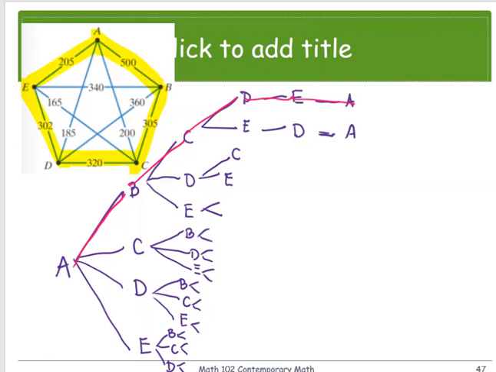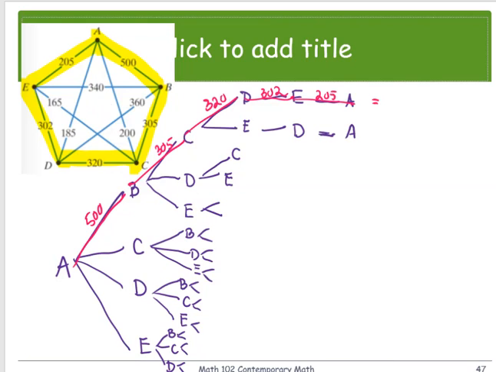And then with the values of the airfare, A to B, that's 500. B to C, that's $305. C to D is 320. D to E is 302. E to A is 205. And what you could do is add all these numbers, and whatever number comes up, that would be the airfare that you have to pay if you go with this route.